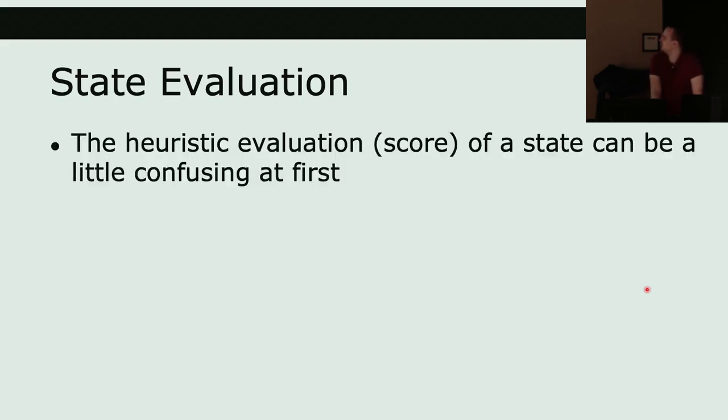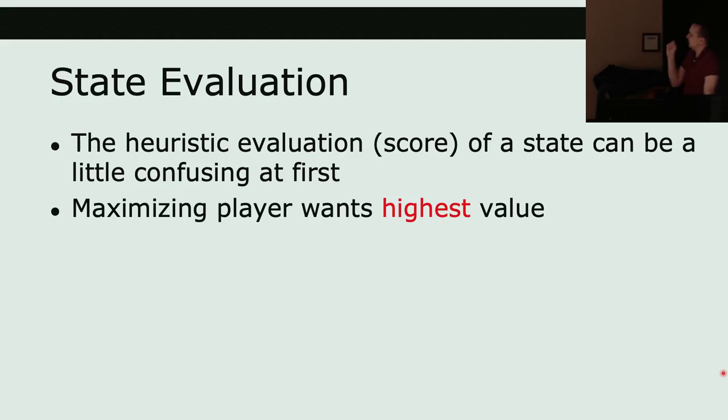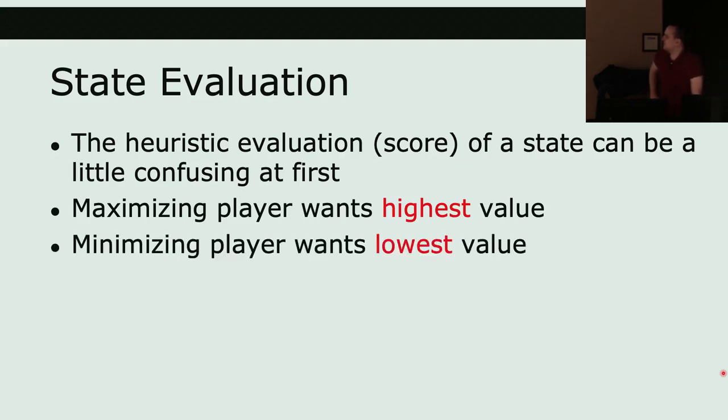And to go further, the heuristic evaluation or the heuristic function or score or value of a state, it can be a little bit confusing because of that at first. And so the maximizing player wants to take the highest value, and the minimizing player wants to take the lowest value.